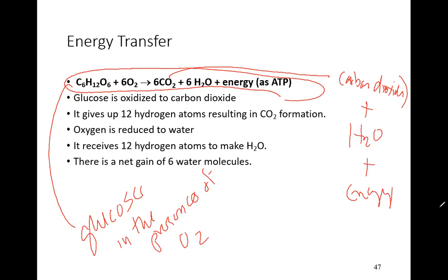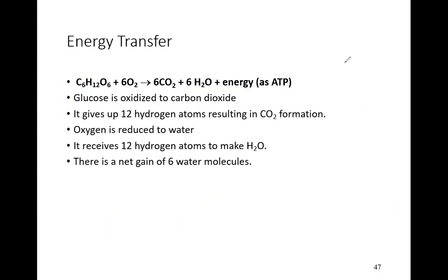So C6H12O6 plus 6 oxygens yields 6 carbon dioxides and 6 waters, and the release of a lot of energy. So in healthcare, it's important to understand where the carbon dioxide is coming from, where the energy that our bodies are using is coming from.